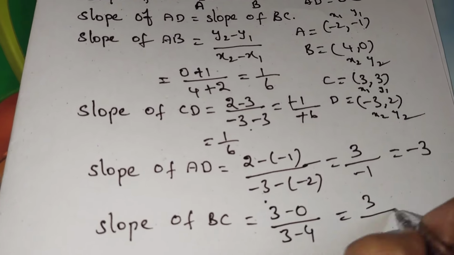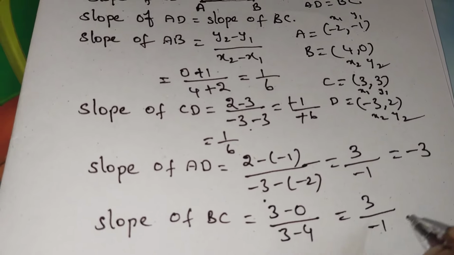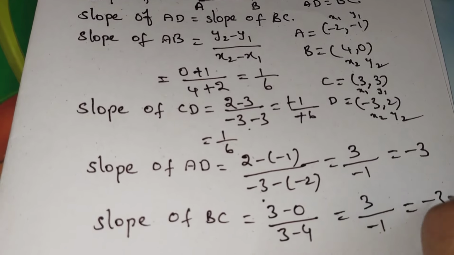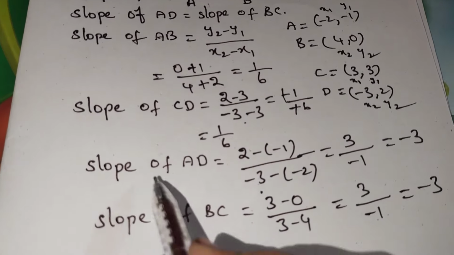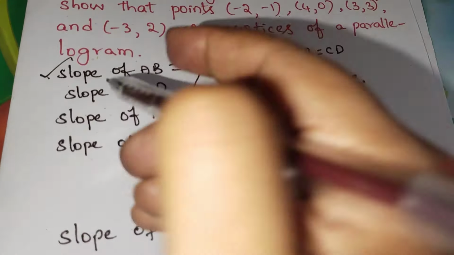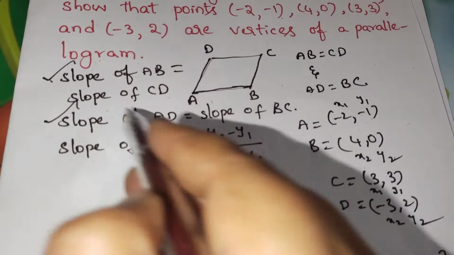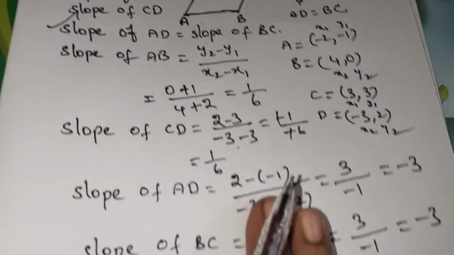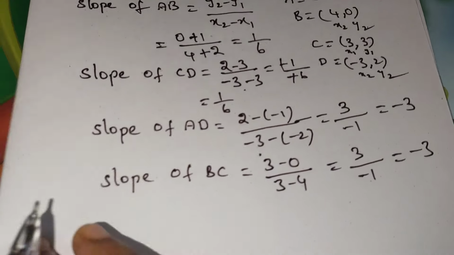This is 3 by minus 1, that is minus 3. So again both are equal. So the slope of AD equals the slope of BC. So the second one is also verified. So both are equal, then the given vertices form a parallelogram.